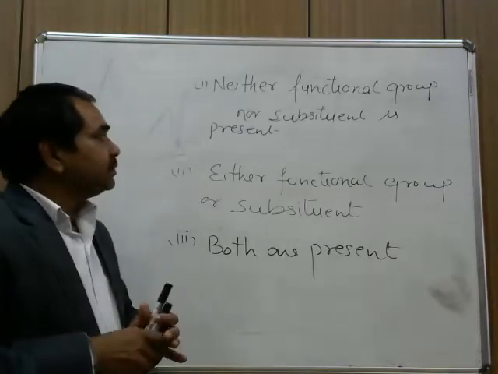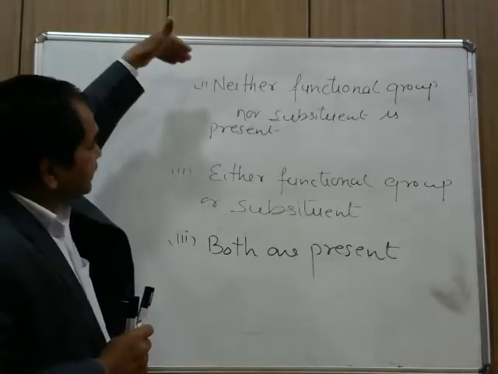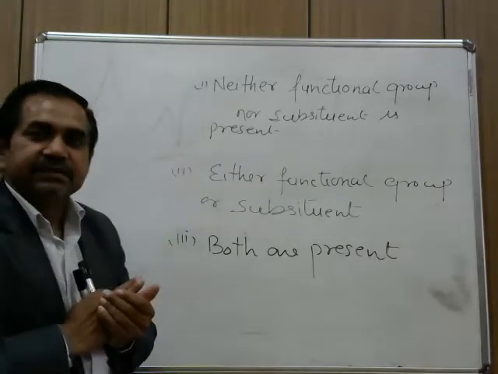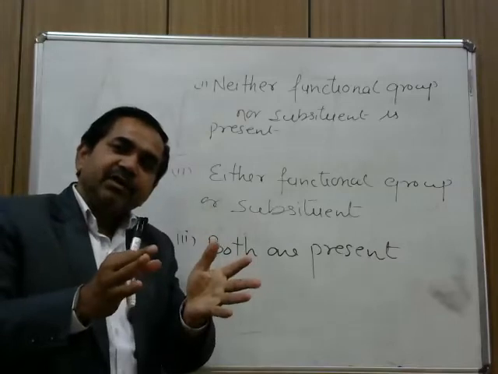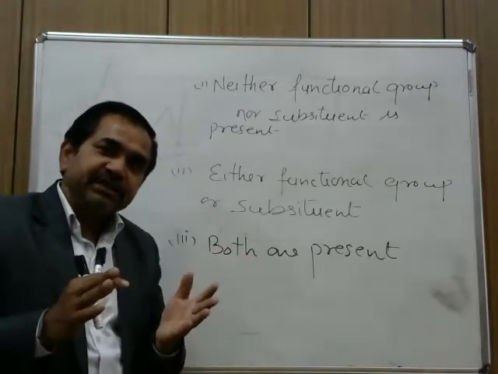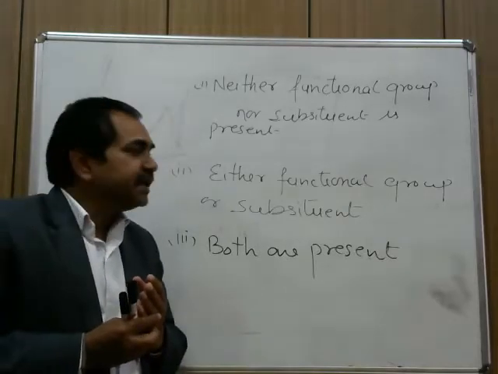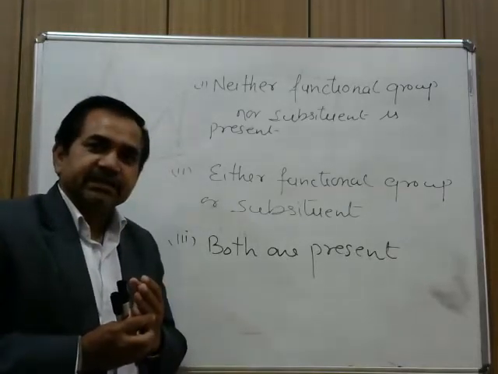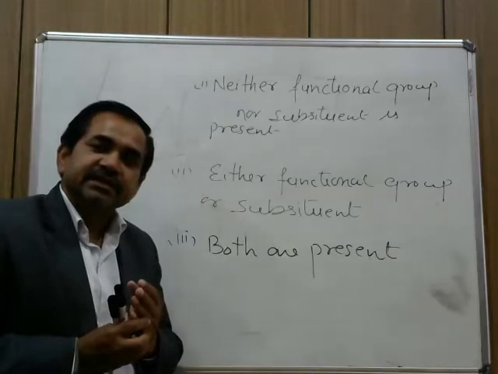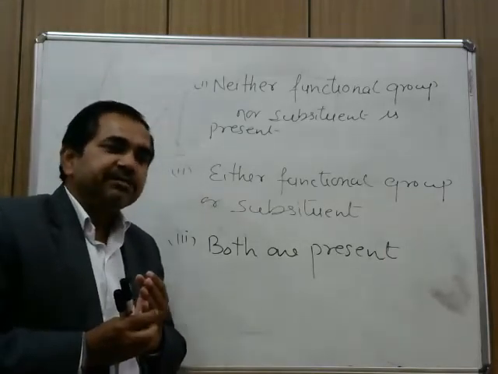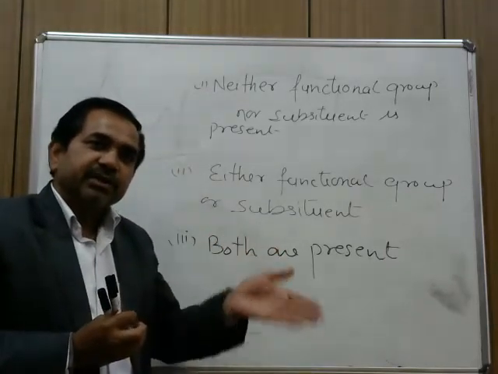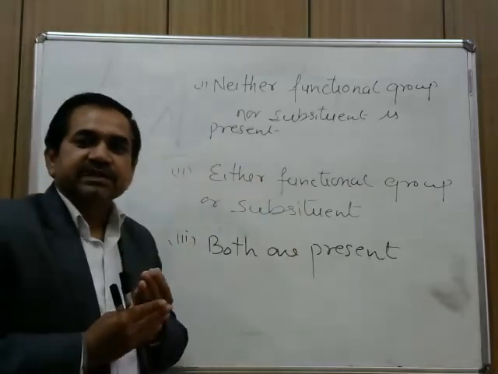So if the first condition is there, in the given compound neither there is a substituent nor there is a functional group, then numbering can be done from any side, and herein the purpose of numbering is only to identify the root word.